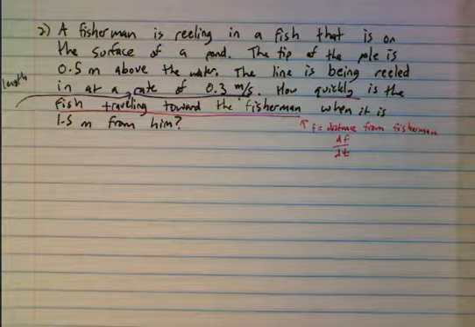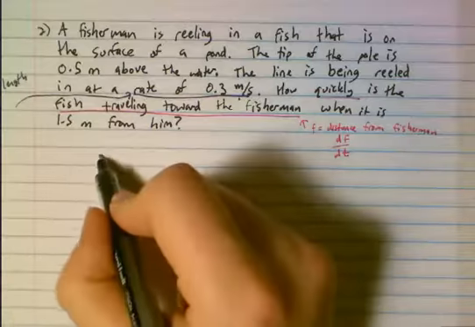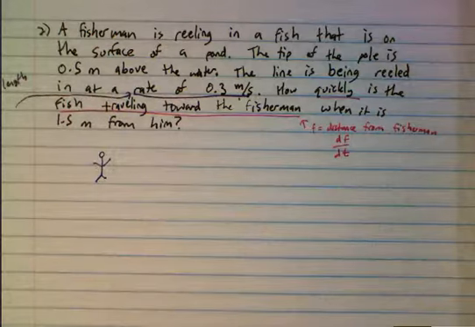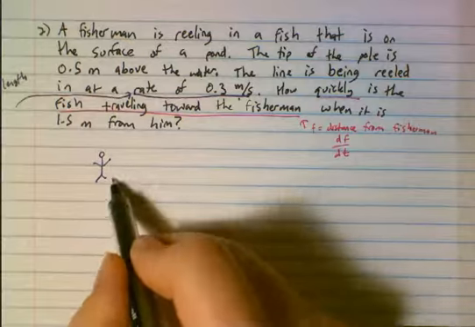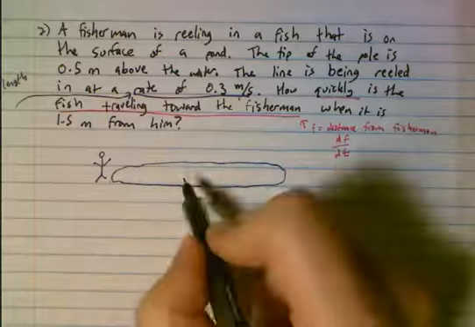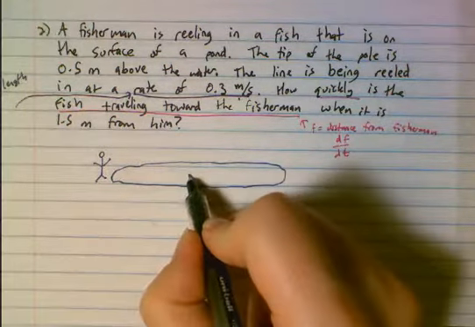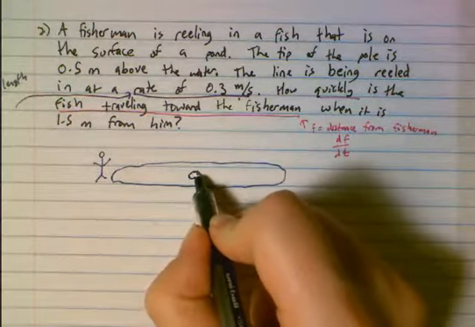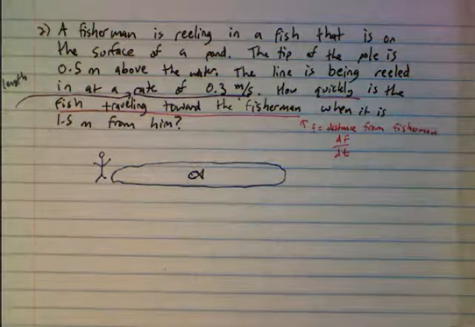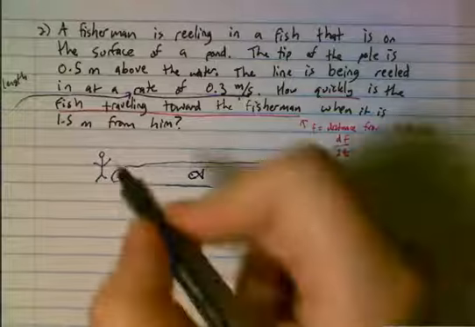So let's draw a picture of whatever is going on here. So we have a fisher person, well, a fisherman it says in this case. Okay, and they're standing there. And there is a pond. So let's say they're standing on the edge of the pond here. And somewhere out there, there is a fish. Okay, and they're reeling in the fish, and it looks like they're doing that with a fishing pole.